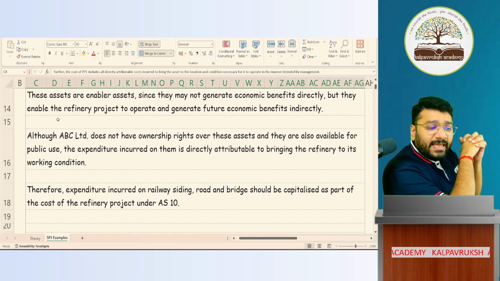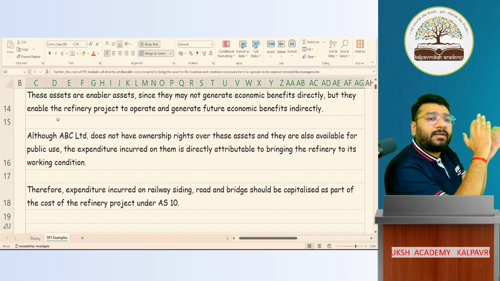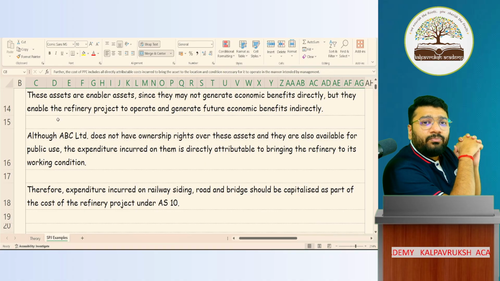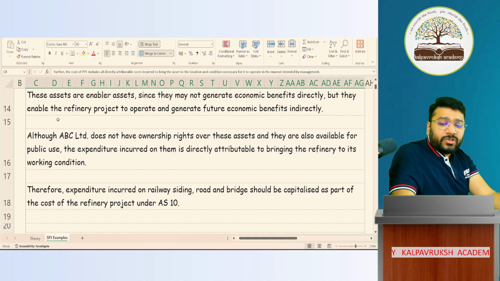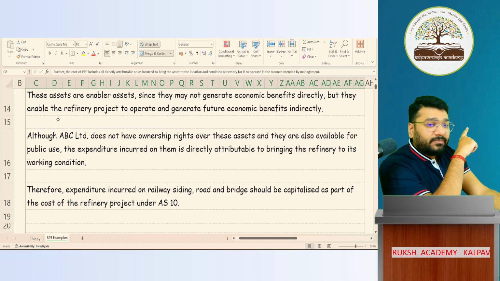Therefore, the expenditure incurred on railway sidings, roads and bridges should be capitalized as a part of the cost of the refinery project under AS 10. You can try to simplify the language the way you want, but there are certain keywords which you cannot miss. Got it? So this is a question of enabler assets.